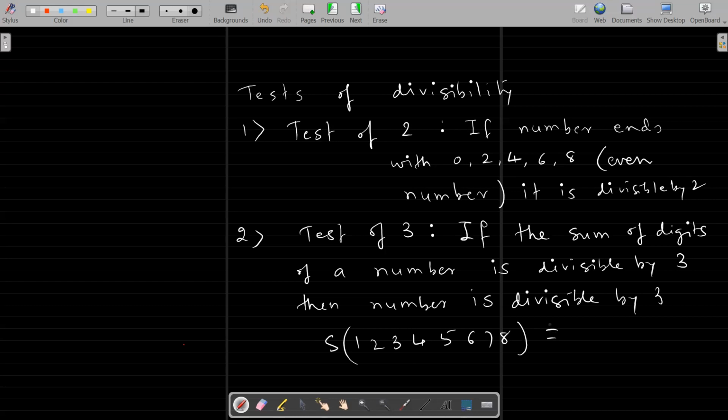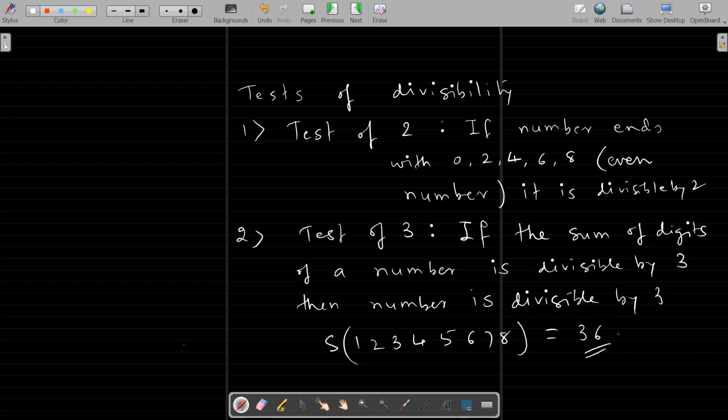So S of that number is 36. 36 is divisible by 3. When you multiply 3 by 12, it becomes 36. But even for 36, if I'm not comfortable, I can do the same thing.